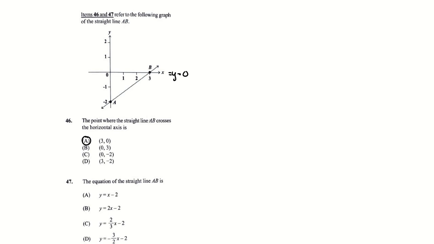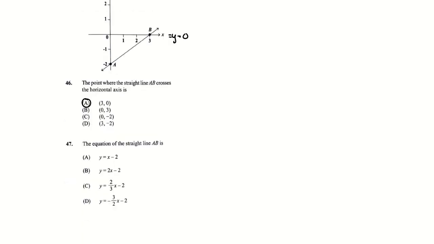First off, your y-intercept is -2. As we can see, all of them have minus 2. Then we need to find your gradient. Excuse me, let me get my pen. My gradient is equal to y2 minus y1 over x2 minus x1.